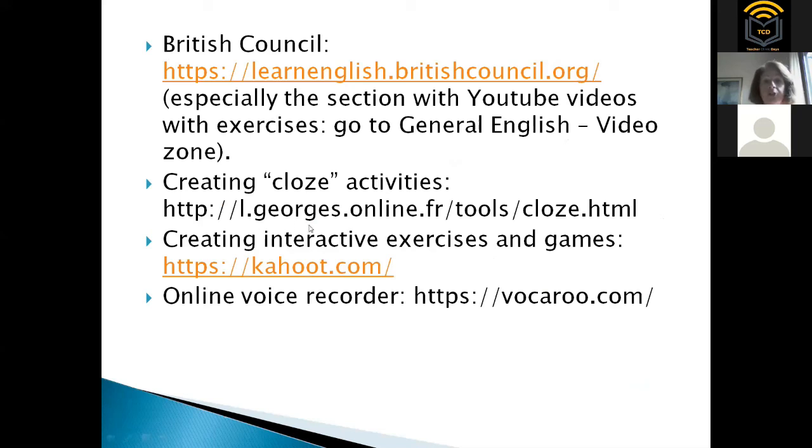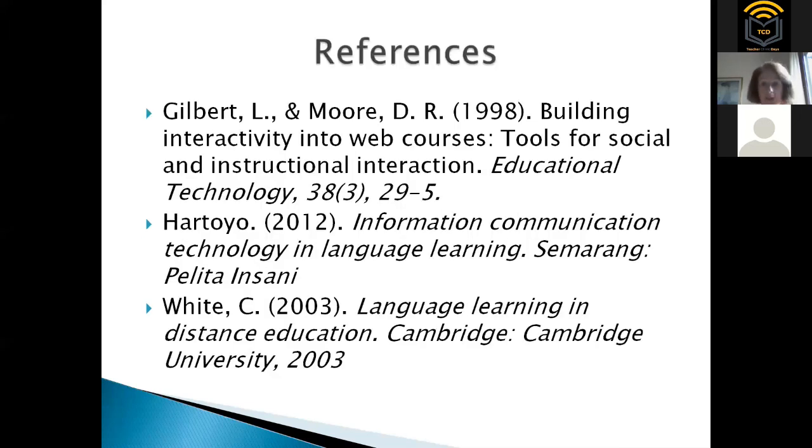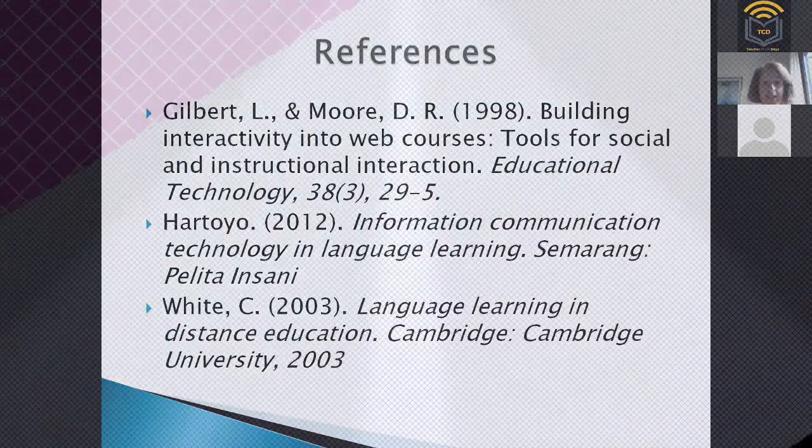There's also this George online, where you can create closed activities. Kahoot, many of you know about it, where you can actually create interactive exercises. You can also create exercises on your readings, for example, since we're talking about readings. These are just a few of my references, and that's about it.